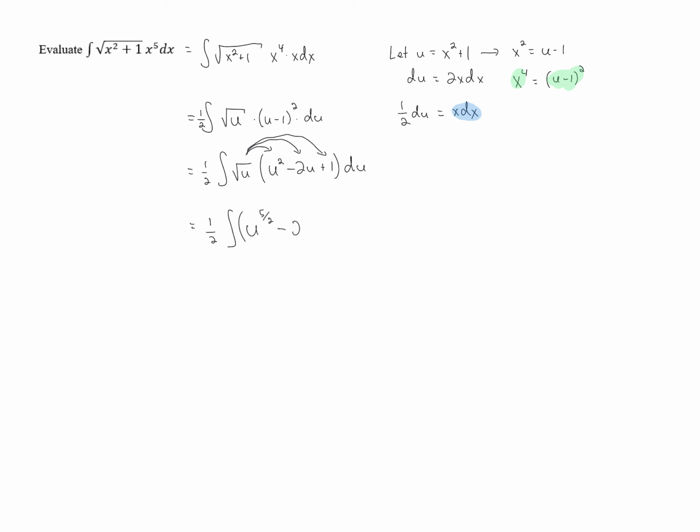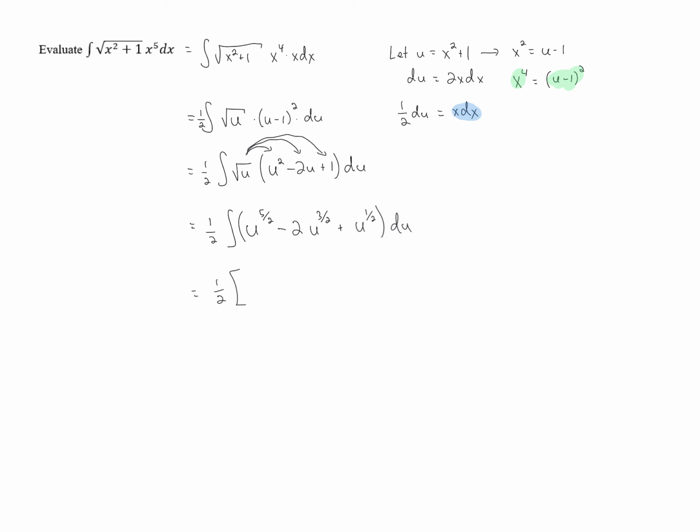And then minus 2 times the square root of u times u is going to be u to the 1/2 plus 1, or u to the 3/2. And then plus the square root of u times 1 is the square root of u. That's the same as u to the 1/2 with that du at the end. And once we've done that, we've got all of these as power functions. And so we can integrate each of them on their own.